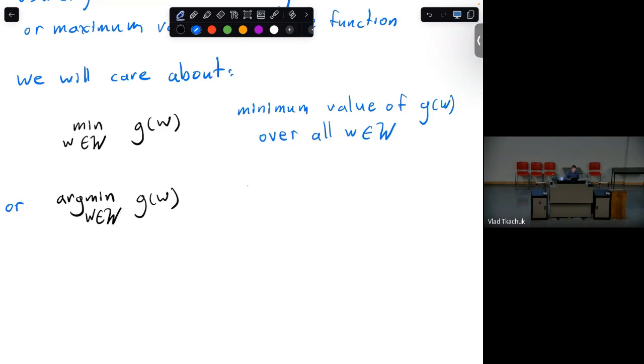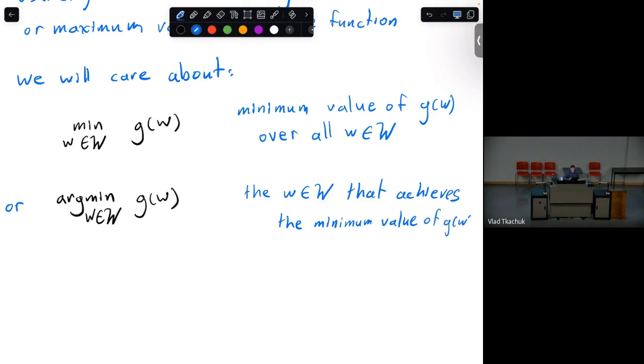This gives you the little w from the set that achieves the minimum value of g of w. Okay, min gives you the value of g of w, argmin gives you the value of w.